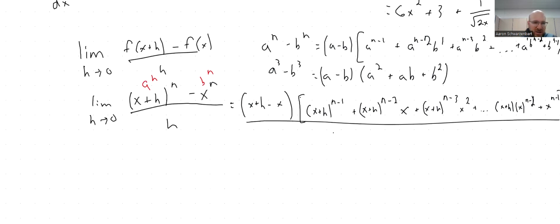So in here, this little term here, x plus h minus x, is just an h, which is now factored out, which means I can cancel it with that h, leaving me with this. I'm going to come over here so I have a little bit more space.